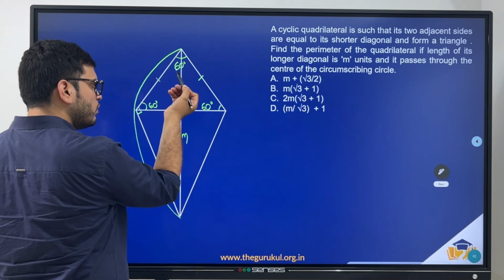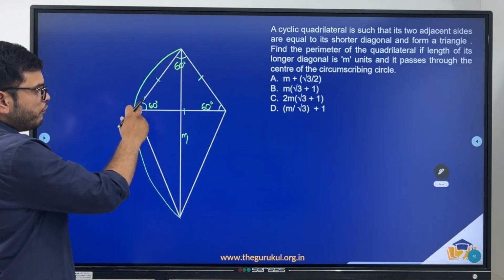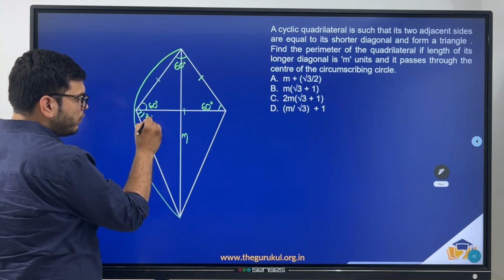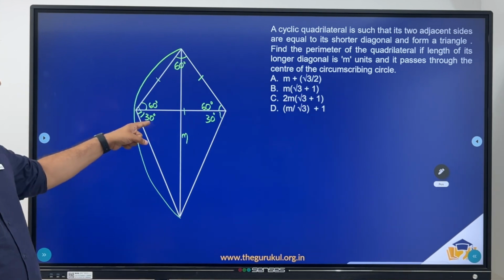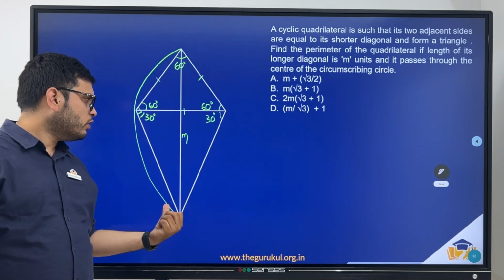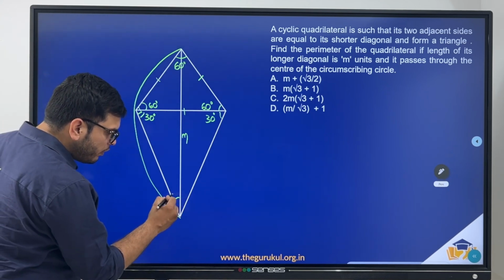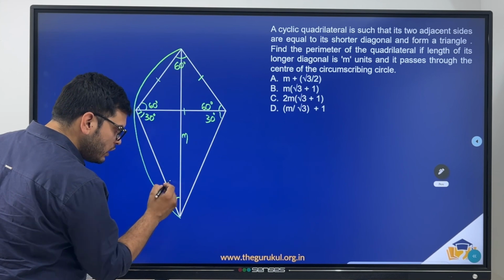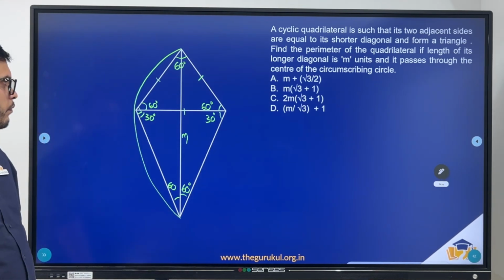Now we are also given that the length of the longer diagonal is m. So if this is 60, this should be 30 degrees, this should be 30 degrees, right? Now if this is 30, this is 30. In this triangle, the sum of the three angles should be 180. So this should be 120 degrees, and this is 60, and this is 60 degrees, right?